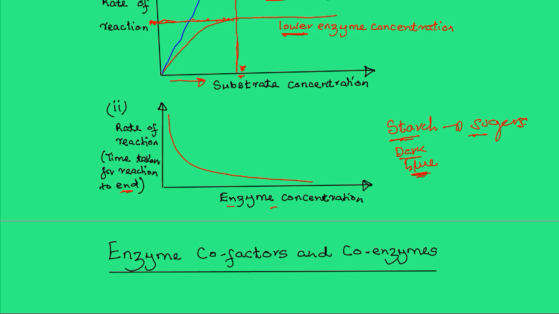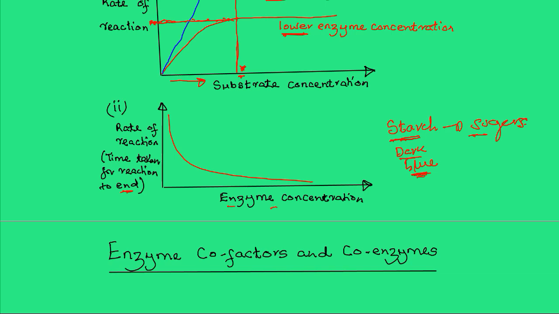So we take different concentrations of enzyme and mix them with equal volume of starch solution, and we monitor how long it takes for the dark blue color to disappear.